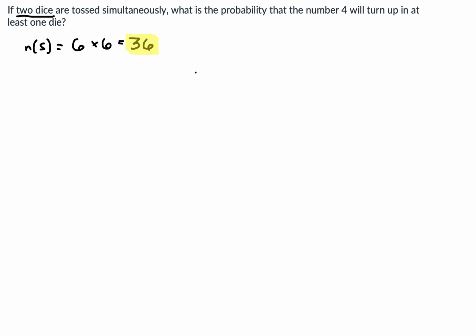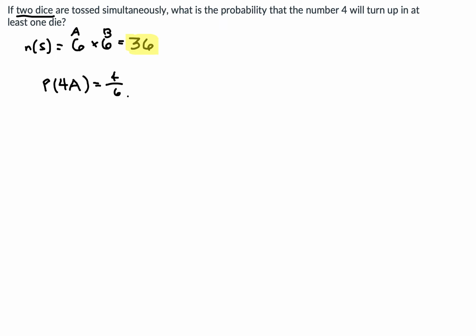And then we want to understand the number of ways that 4 comes up. We can do this analytically. Let's call the first die A, the second die B. The probability of getting a 4 in A, I'll just call that 4A. How many 4s are there in the first die? There are 4 of them, so 4 over 6.